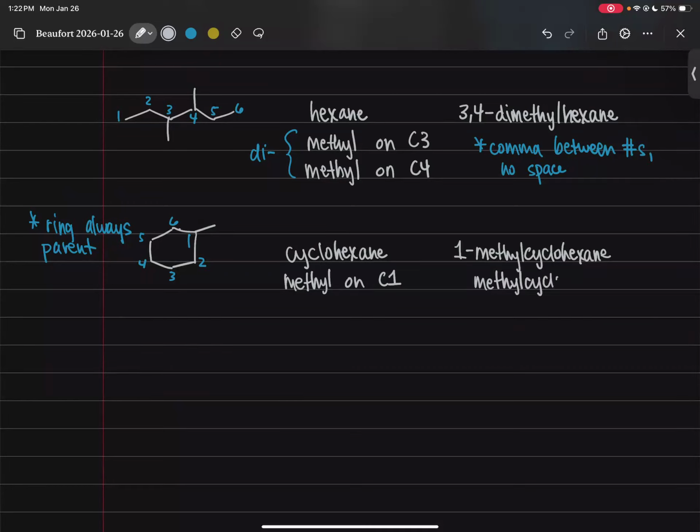Or a lot of times, because the number 1 in this case is redundant, because if we just have methylcyclohexane, well, there's just one group somewhere on the cyclohexane, so the number doesn't matter. And so sometimes we'll just leave it off. The only thing I would caution you is it's better to have more information than less. So if you're not sure whether you can get rid of the number, just leave the number there.